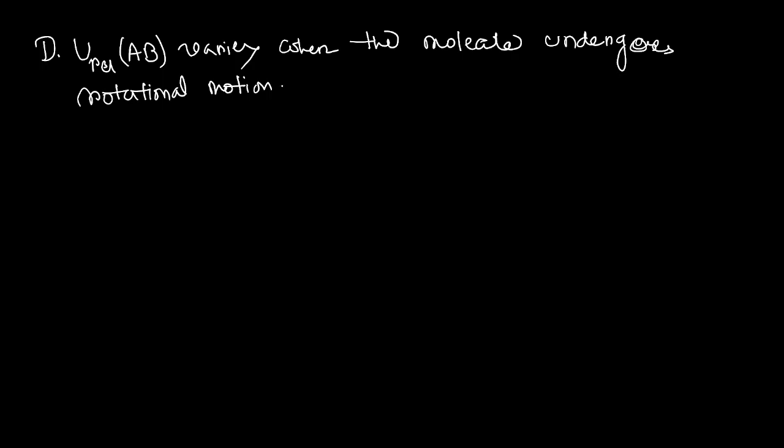What is a rigid rotor? If you take AB as a molecule and the bond length between these two is fixed, then this is called a rigid rotor.